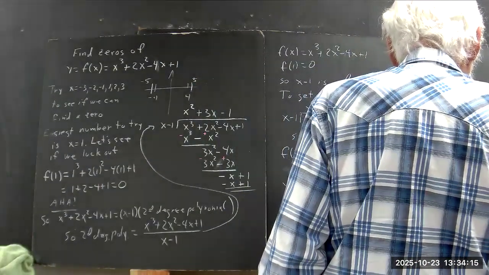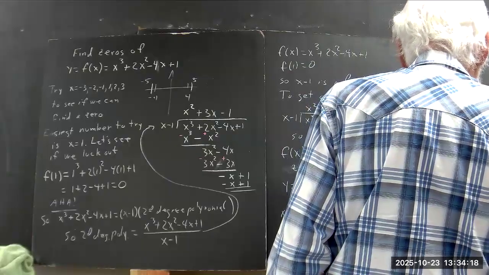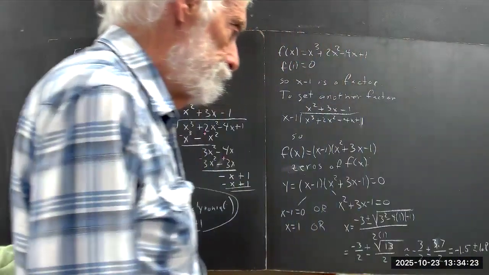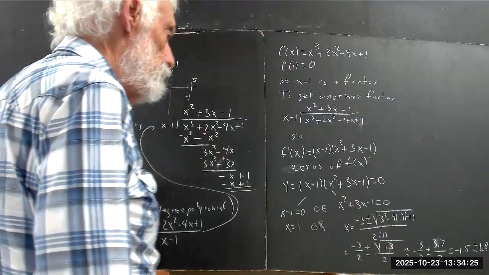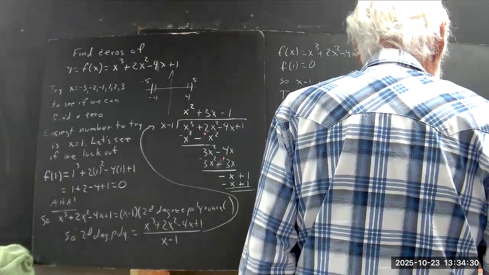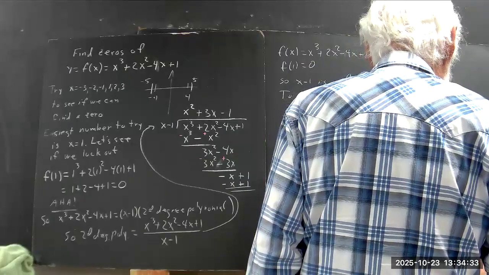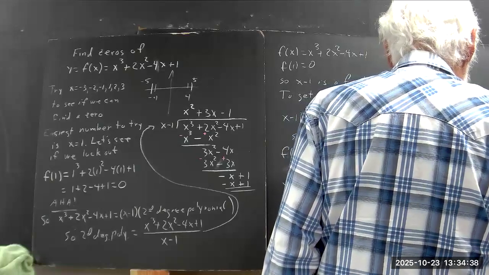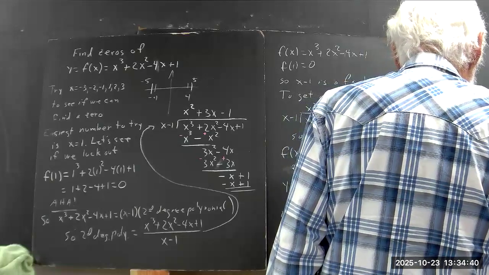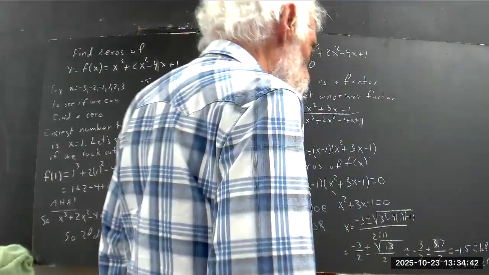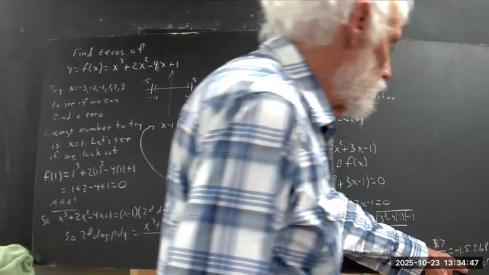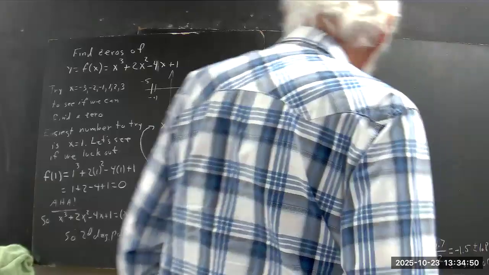This is then plus or minus 1.85, which gives us -3.35 or 0.35. So x is 1 or -3.35 or 0.35.